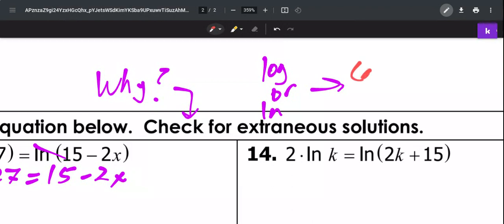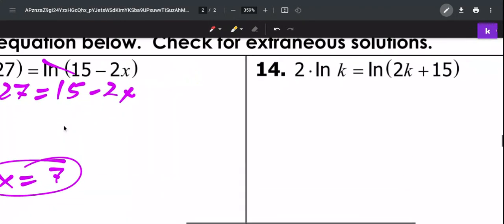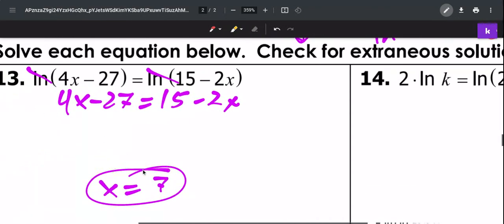So if we plug this back in and we get a negative, that's not good. All right, can't happen. So when we plug 7 back in, if I do 7 times 4, that's 28, minus 27, that's still positive. If I do 2 times 7, that's going to be 14. 15 minus 14, positive 1. So we're good to go. That one checks out.